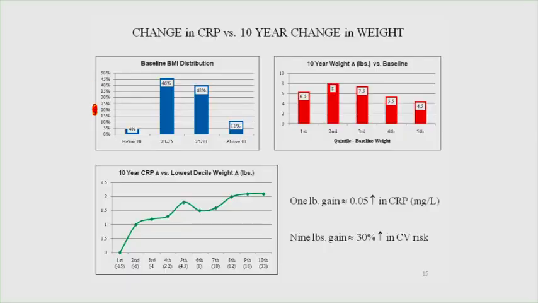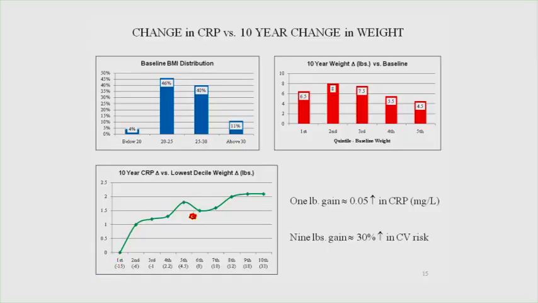Does that reflect the weight gain? This is their baseline BMI distribution. Basically 50% were not overweight, 40% were overweight, 11% were obese. Over 10 years, they all gained a little bit of weight. Here we're going to look at change in CRP related to 10% brackets, deciles, of change in weight.